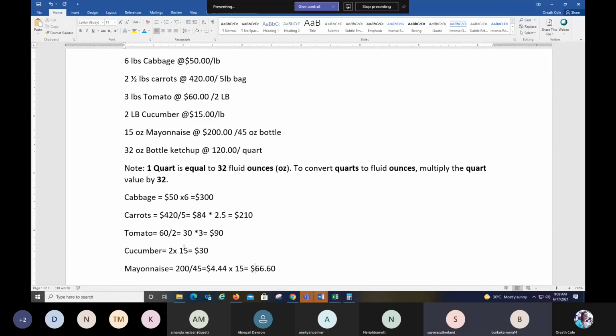Put 2 decimal places when we use money. Remember, it's money you're dealing with, and if you have 0.6, it's 60 cents. You put the placeholder. If it was 6 cents, you put 0.06, different from 60 cents. So it's $66.60.